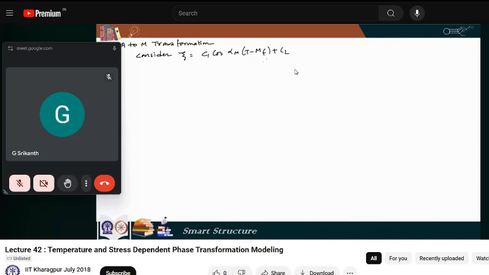So this is how we model the graph. Now all we need to know is the value of C1 and the value of C2.